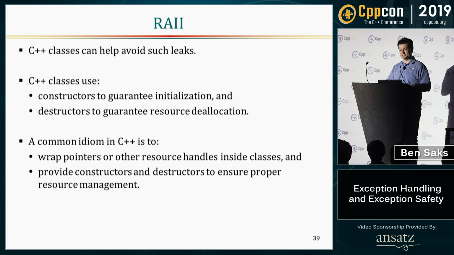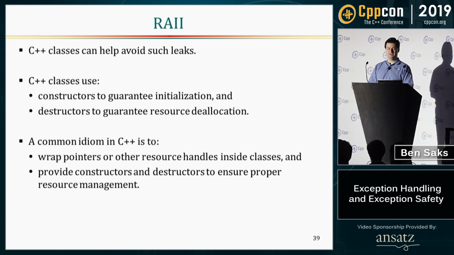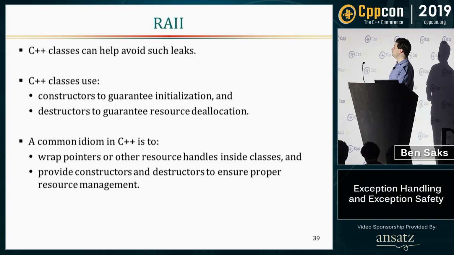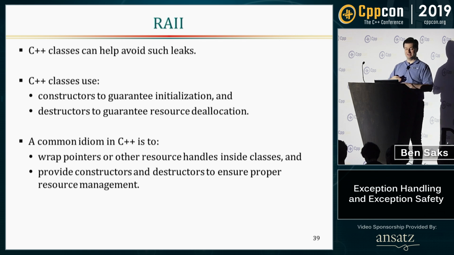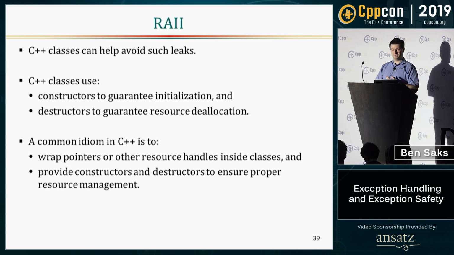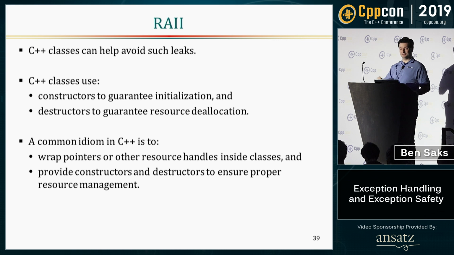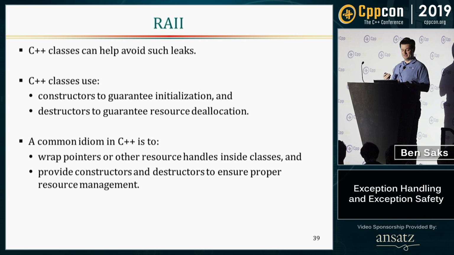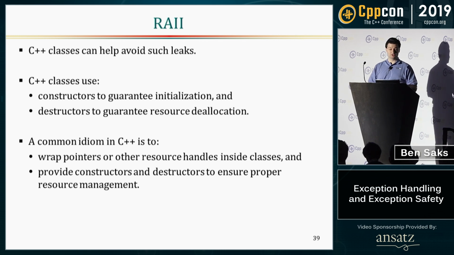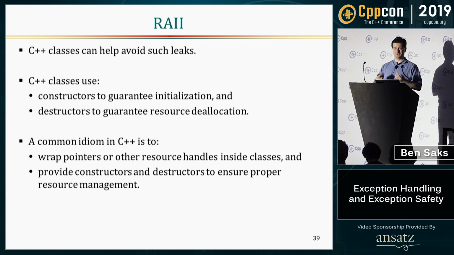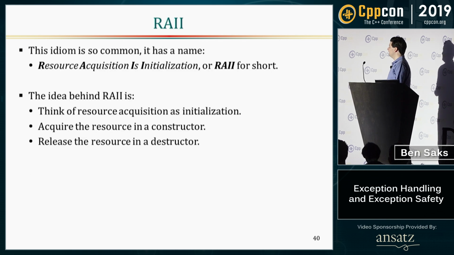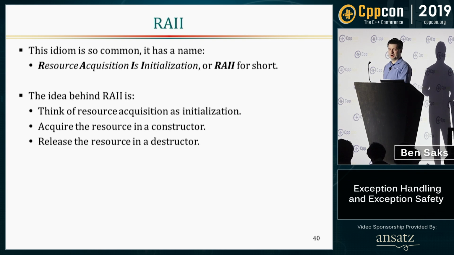C++ classes turn out to be really helpful in mitigating these problems because we can use constructors to initialize objects and then use destructors to guarantee that the resources allocated in the constructor will be deallocated in the destructor. And because destructors do run when exceptions are thrown, now we can be sure that things will actually be cleaned up. This is something called RAII.